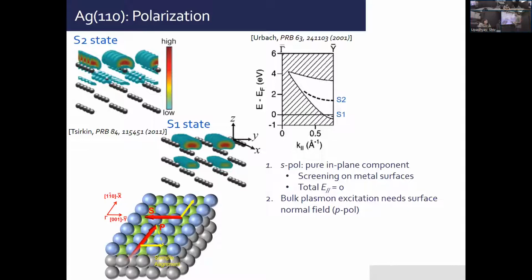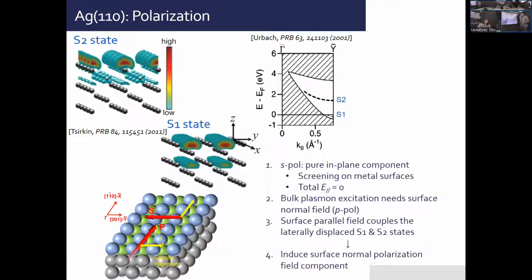In this case, a surface electric field which is along the surface corrugation can couple these two states and generate this charge density oscillation, and this polarization field component can have a surface normal component, which excites the bulk plasma. This has also been observed in some similar experiments.